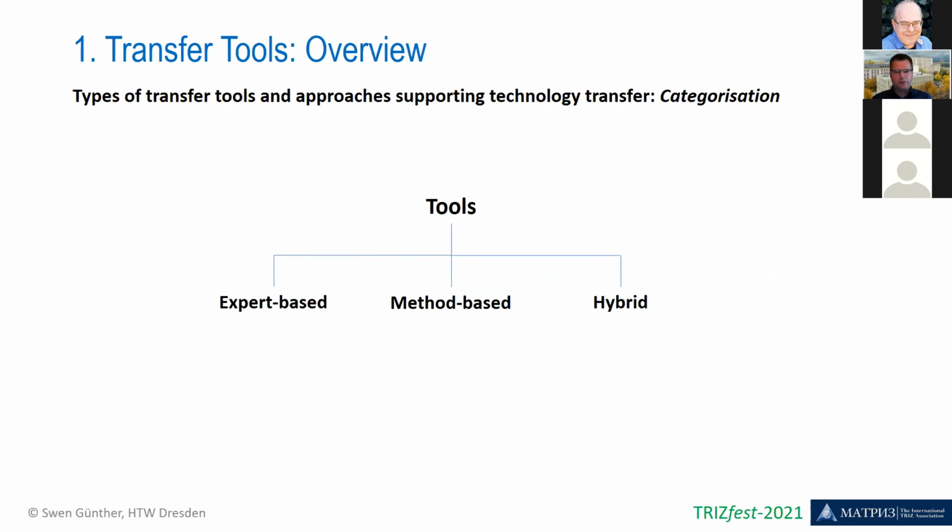So here we have to focus on the method. And as you will see in a few seconds, TRIZreverse is one of these methods that are used and could be used also in the future to improve the transfer process and the efficiency of this second part of the overall process that has been shown before. Thirdly, we have hybrid tools or hybrid approaches. It's actually a combination of expert-based tools and approaches and method-based approaches.